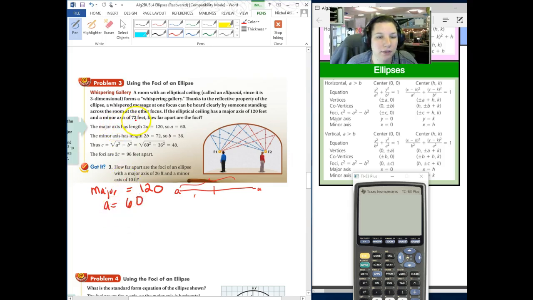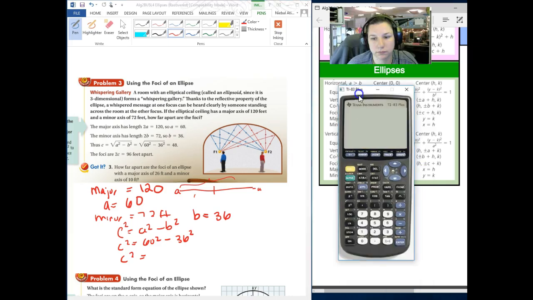And the minor axis of 72 feet, so that would mean our b is half of that, which would be 36. And then to find c, again, c squared equals a squared minus b squared. 60 squared minus 36 squared. And then we'll take the square root to get the c by itself.